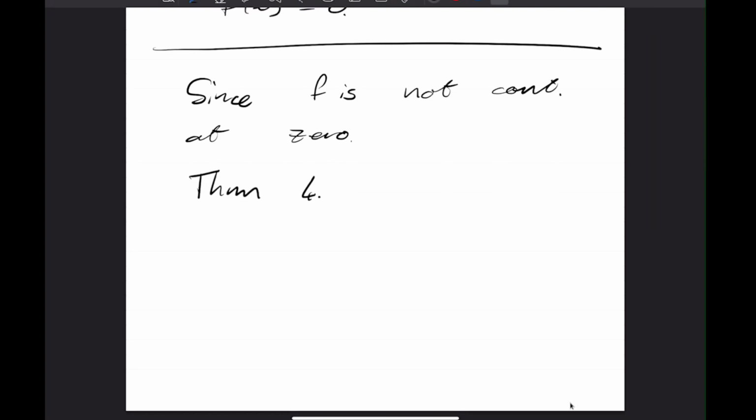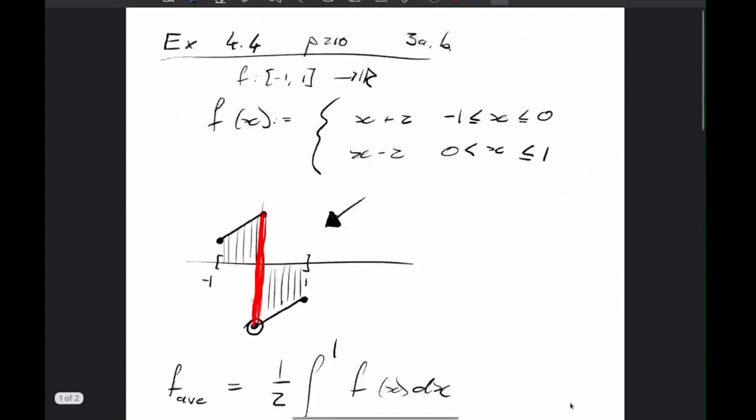So theorem 4.4.4 is not applicable to f, because theorem 4.4.4 requires that the function little f be continuous everywhere on the interval that we're integrating over. And this is not the case here, as we have this discontinuity at 0.